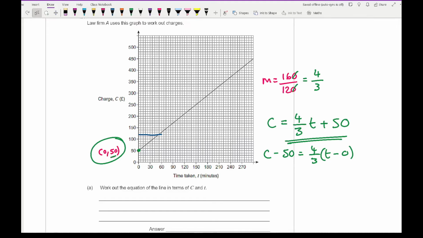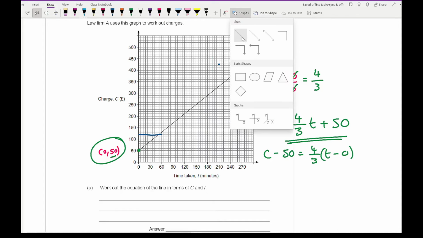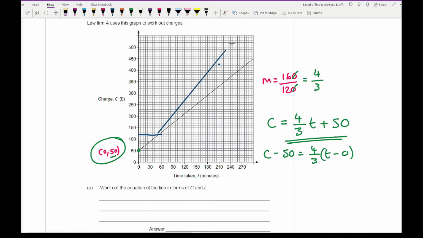So if I find 420 going up this line, I make it out to be about there. And again, yours is going to be a lot more accurate because I'm reading this off a graph from the screen, so let me try and get this as accurate as possible. But basically your answer should look like a horizontal line followed by a diagonal line.